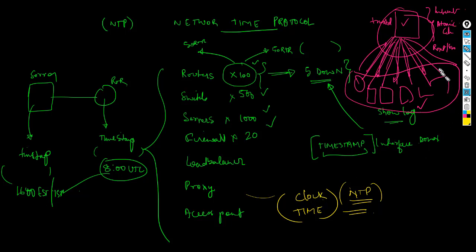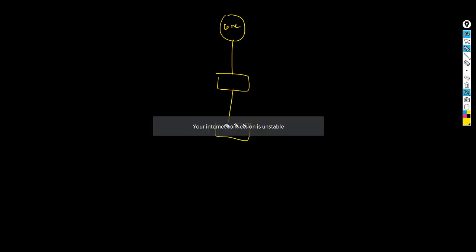let me draw one three-tier architecture. So let's say I have a core, I have a distribution switch, and the distribution switch is connected to the access layer switch.